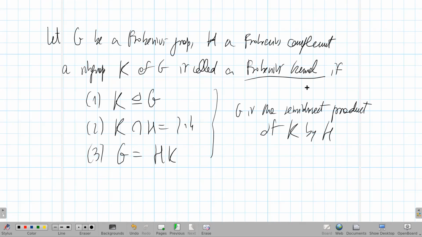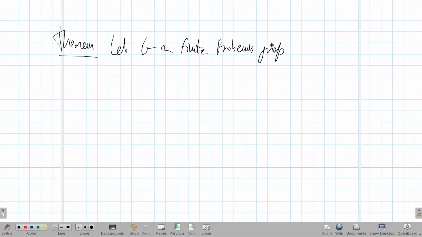We have seen in the two examples, so both S3 and A4, that they have a Frobenius kernel. And the important theorem of Frobenius says the following: let G be a finite Frobenius group, with either definition 1 or definition 2, then G has a Frobenius kernel.